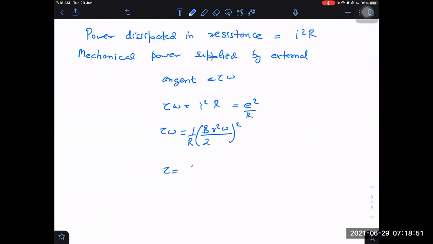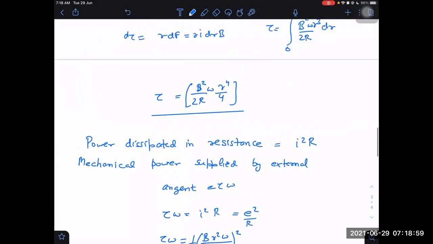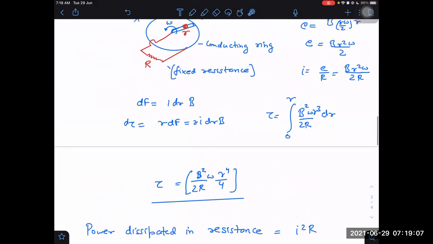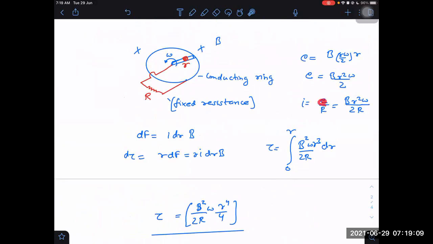What is torque coming out to be? You're getting a difference of half, sir. Then there's a mistake already committed there. That's why I was suspicious. Let me check once. What is it here? B I dl, right? Into r.